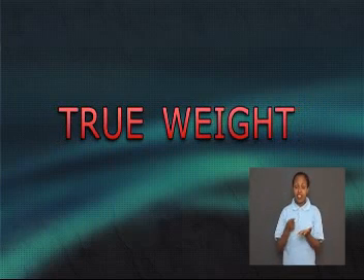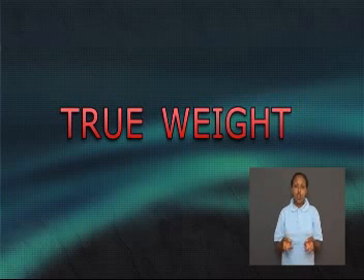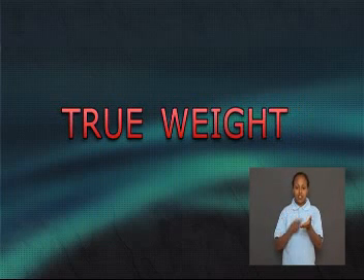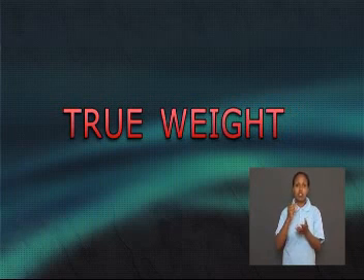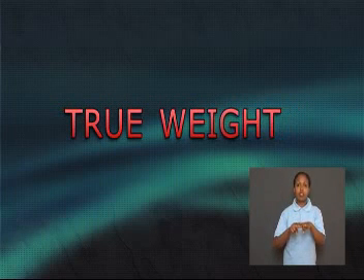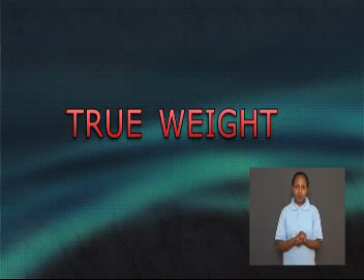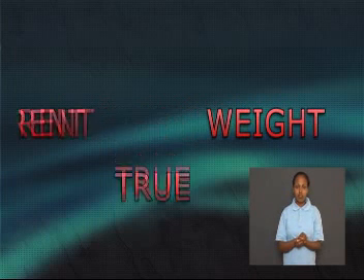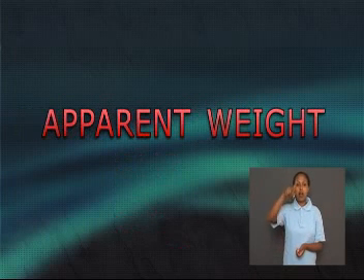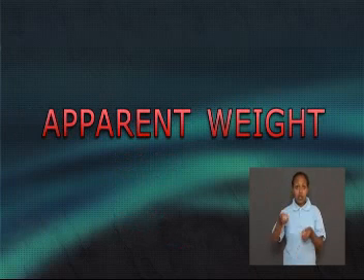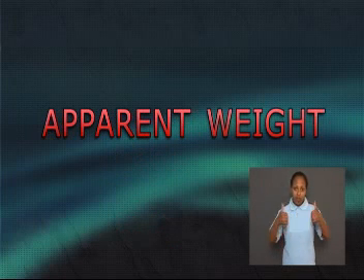This is the weight something would have if it were put on a scale. An object's apparent weight is its buoyancy force subtracted from its true weight.